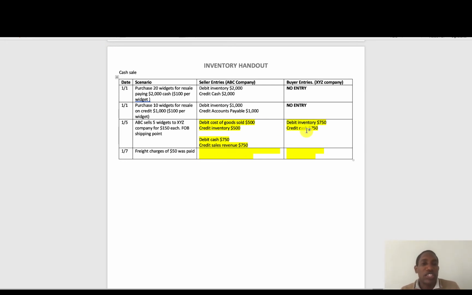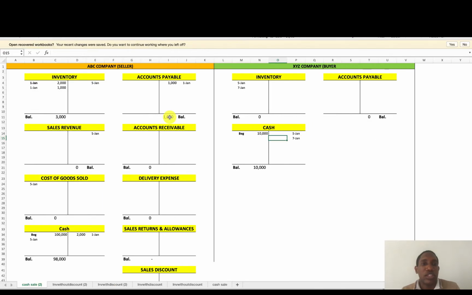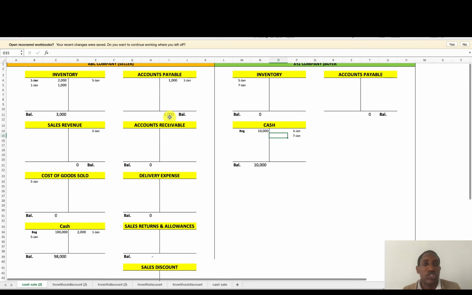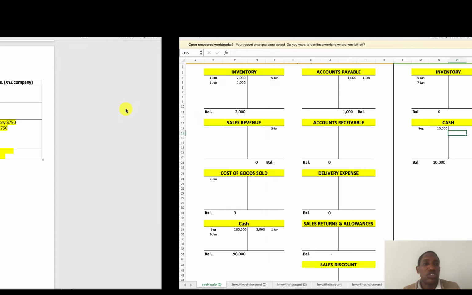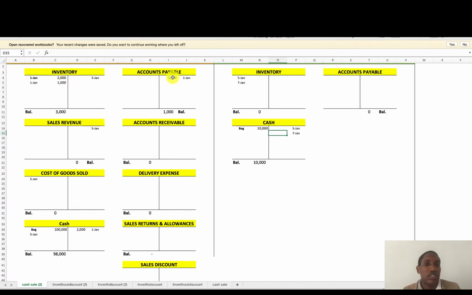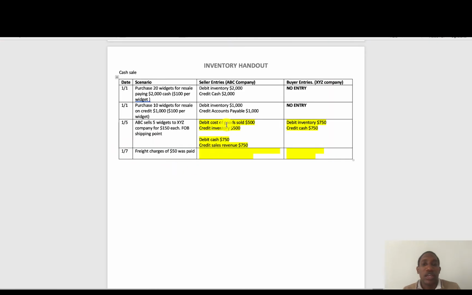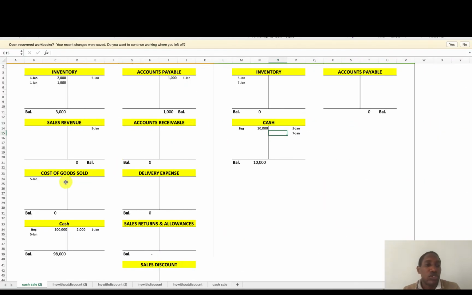So we can journalize these now, okay, in this transaction. This is the third scenario transaction. I already have the first two entries in here, the $2,000, the $1,000, the 1,000 in accounts payable, right? So that's already in there. And so now we just have to journalize this. The cost of goods sold for 500 in inventory. So I'm going to put 500 for cost of goods sold here. Inventory goes down by 500. So now we got 2,500 left and 500 in cost of goods sold.